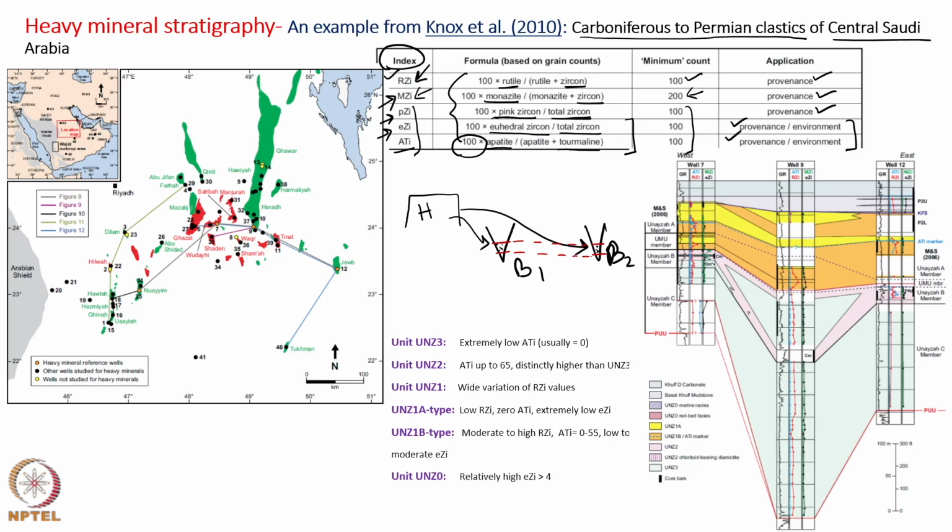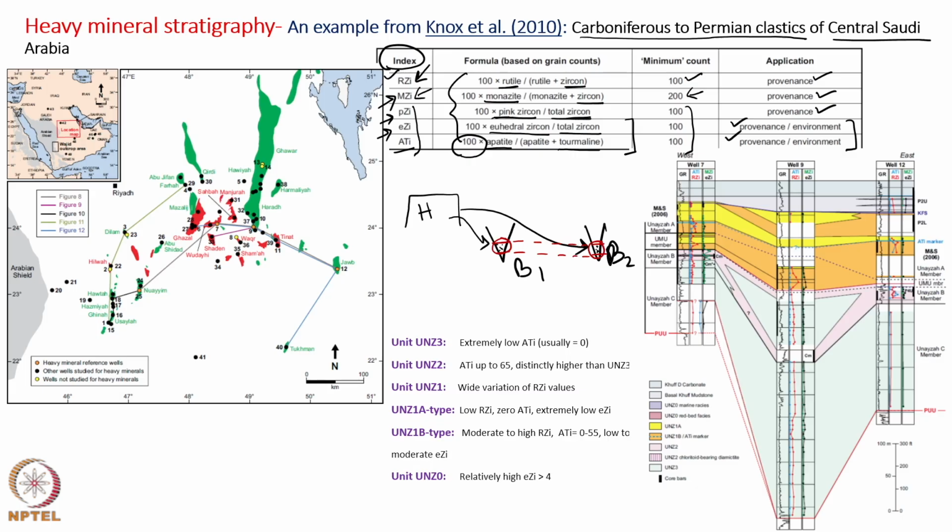But the question is, in case these heavy mineral deposits over the two basins were not contemporaneous, then the correlation will become diachronous, but in any case a correlation can be made.